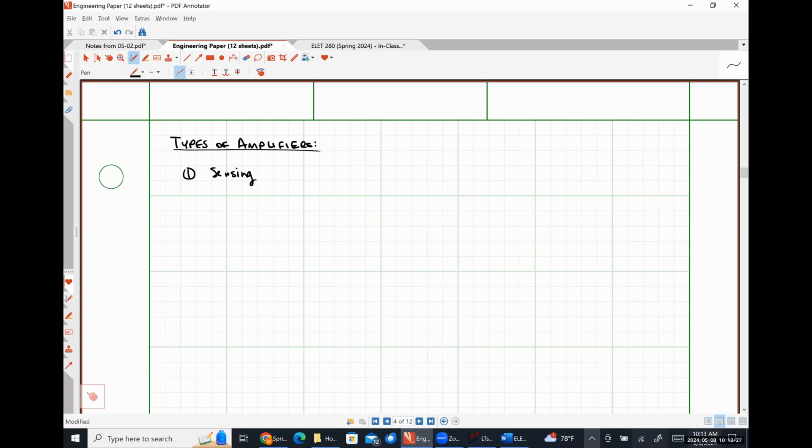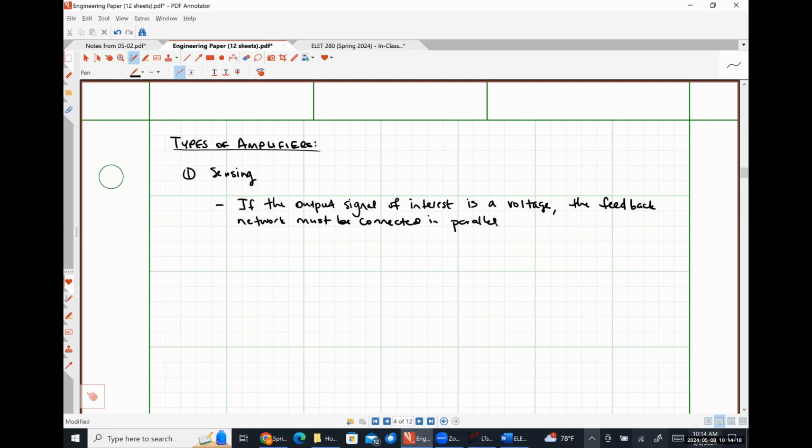So we only have two options. So first, if the output signal of interest is a voltage, the feedback network must be connected in parallel.